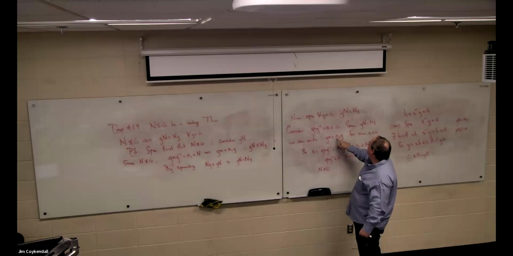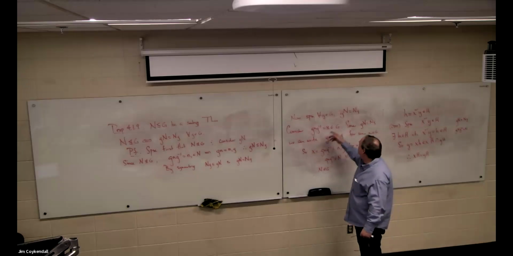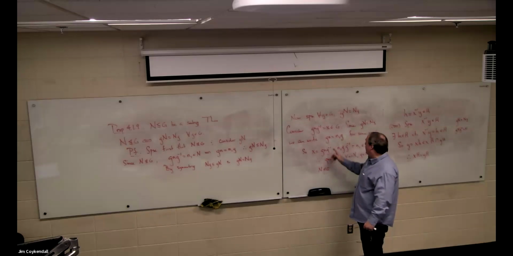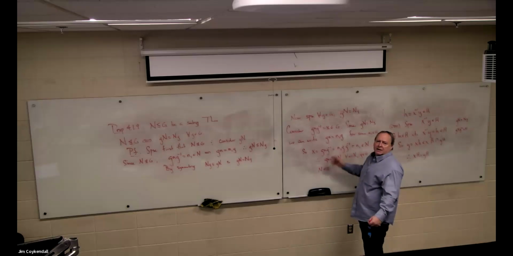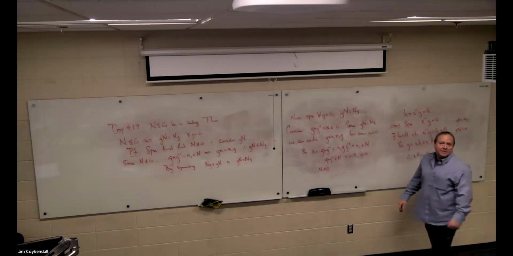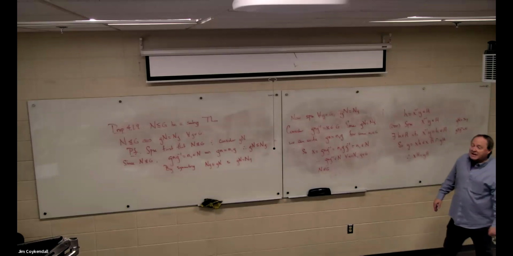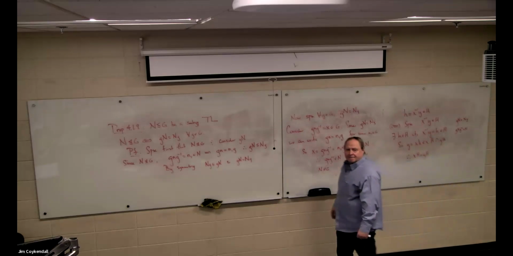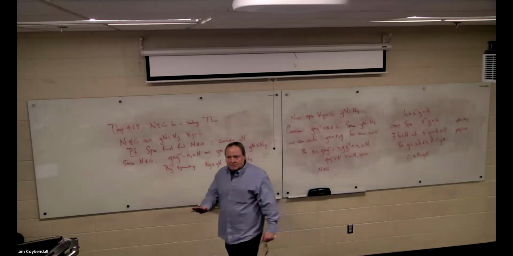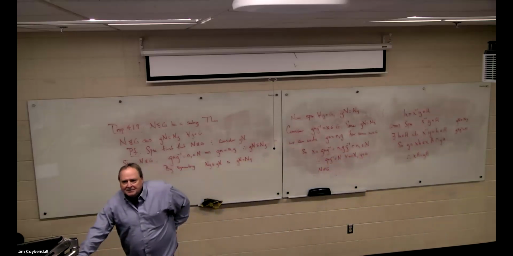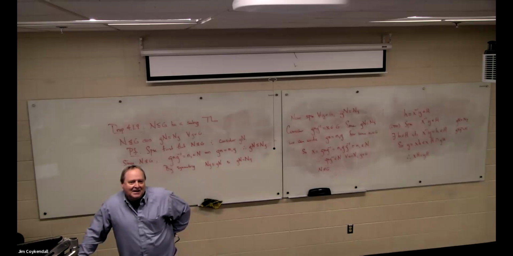And all I know about this n1 is it's some other, perhaps, element of N. It might be the same n here, but maybe not. Does that clear it up? And does it work the same way on the other side too? Yes. Okay. Is that okay? Yeah. Other questions?